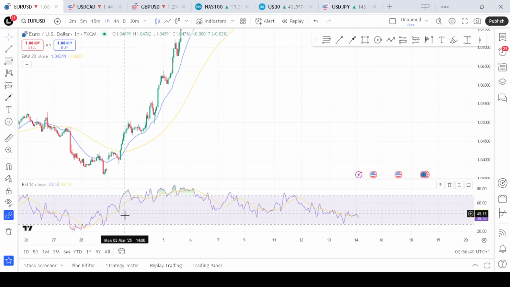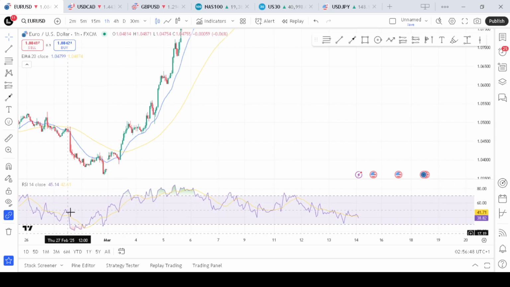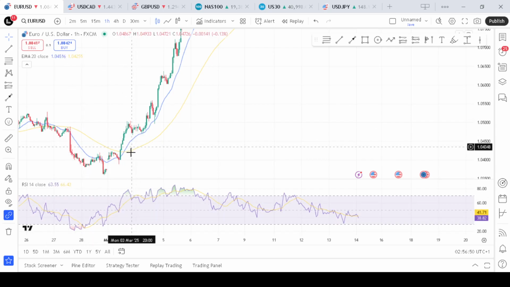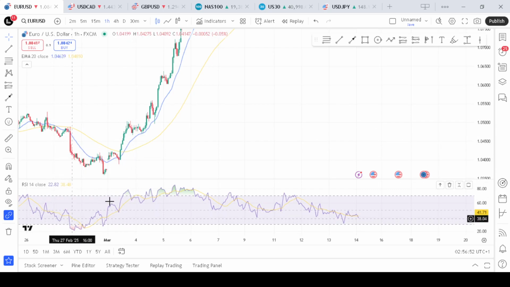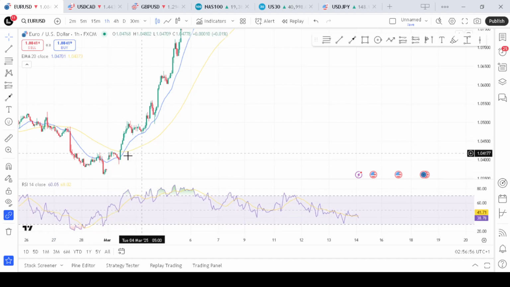When it is not just above 50 but moving towards 70, we can confirm the alignment. While in a downtrend, it has to be below 50 and moving towards 30. When we confirm this alignment with the moving average, we enter our trade.